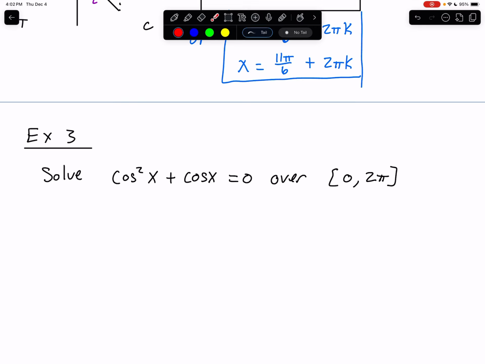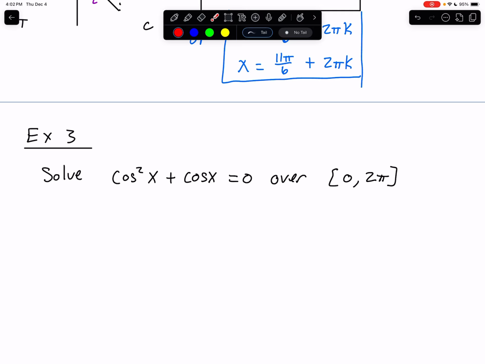One thing I note is that now I'm given an interval, so I'm not actually going to have to find all solutions, so I won't need my plus 2 pi k. I just need the solutions that fall within this interval, which is just one rotation of the circle.